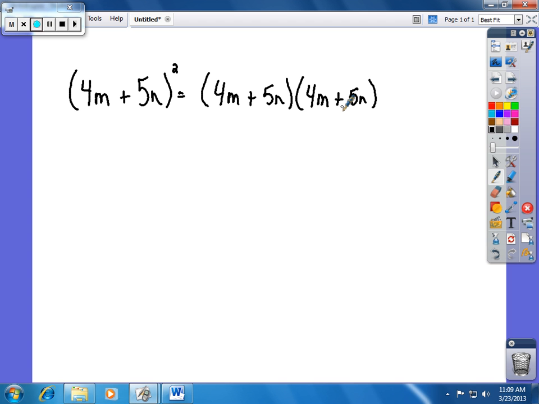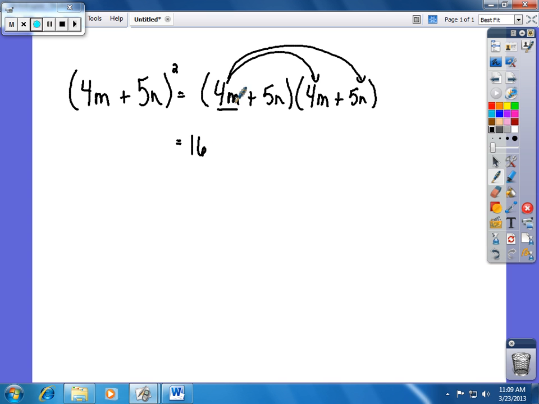So again, the way I like to look at this is I start with the first term in my first set of parentheses and multiply it by everything in the second set. So if we do that, we've got 4m times 4m, and again, we start by looking at the coefficients out in front. So 4 times 4 is 16.